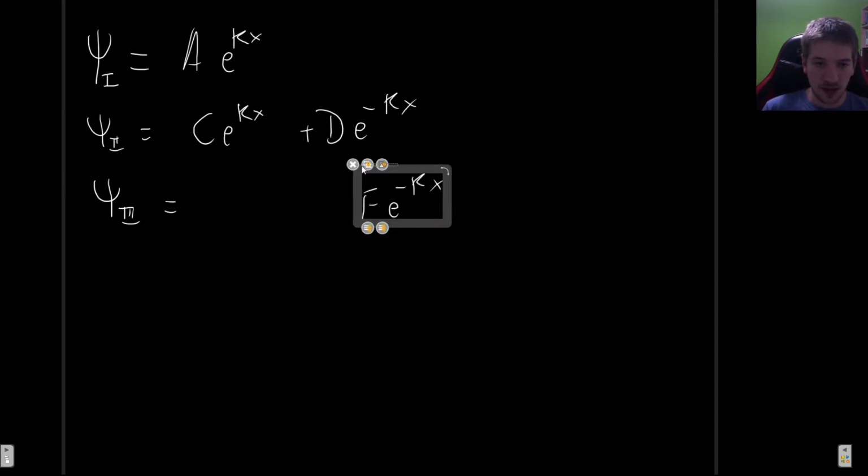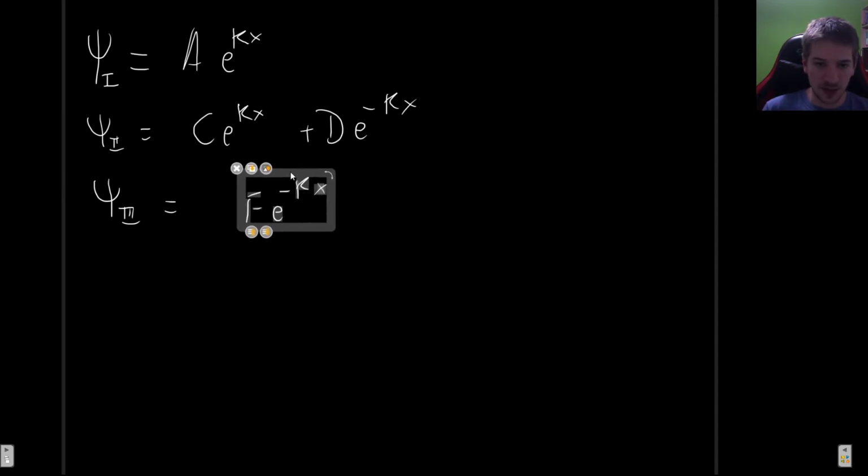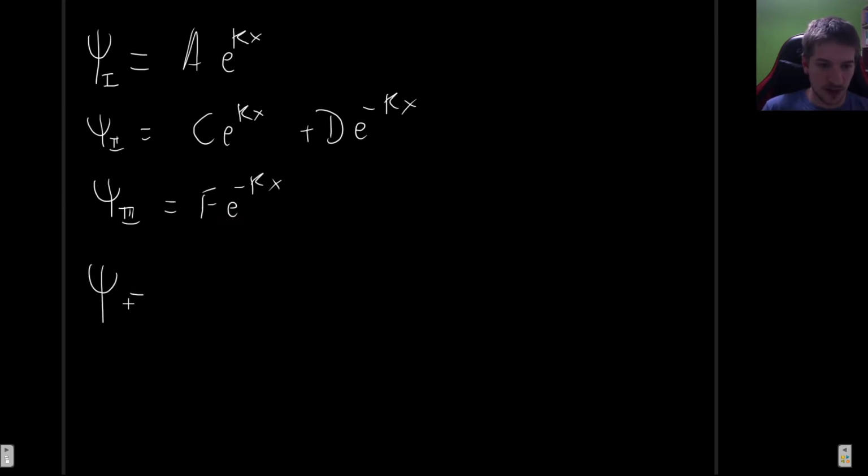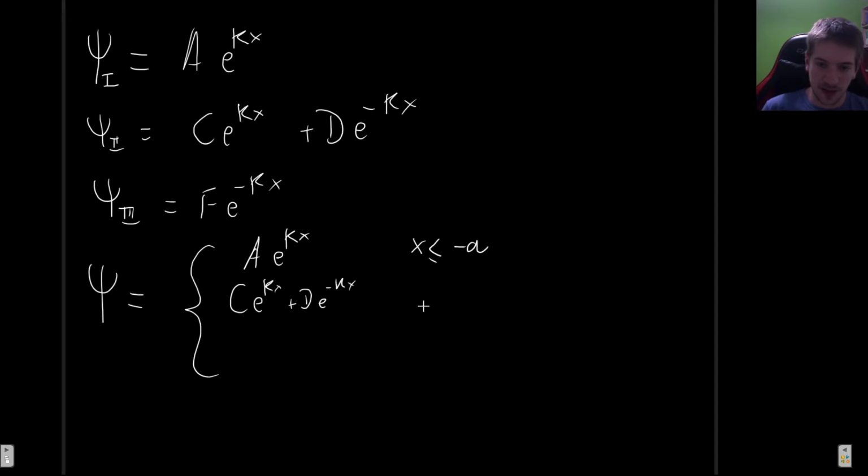So our actual wave function then will be in this form, which you could obviously also write as a general form. So psi will be A e to the kx when x is less than minus a, well actually less or equal because it has to be continuous. Then it's going to be C e to the kx plus D e to the minus kx when x is greater or equal than a.